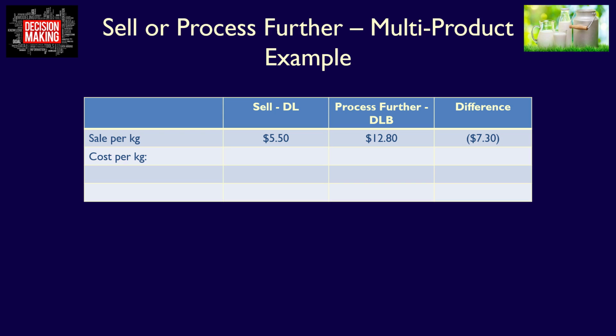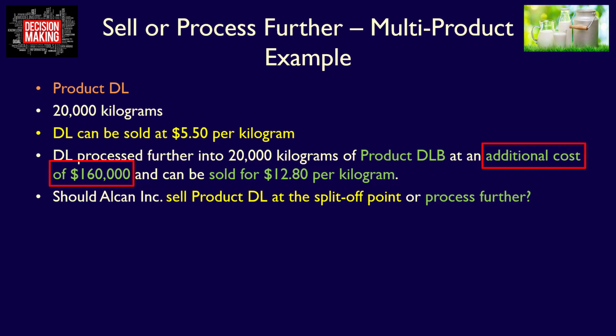We are then going to determine all of the costs per kilogram, so I put a subtitle in column 1, cost per kilogram. We know that there are additional processing costs of $160,000 in total, but since there is no change to the number of kilograms between DL and DLB, we know we can use the per kilogram information to analyze the alternatives.